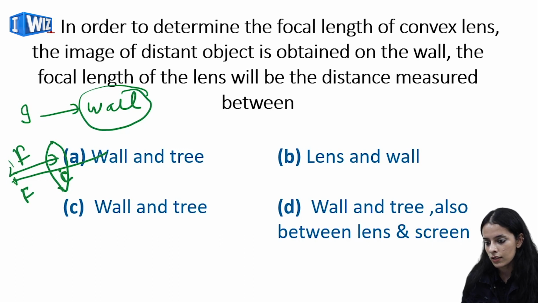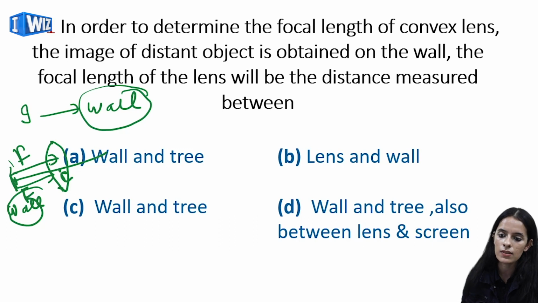So if we are taking this as a wall, because here the image is formed, the distance between the lens and this wall is called the focal length. Okay, come to the next one.